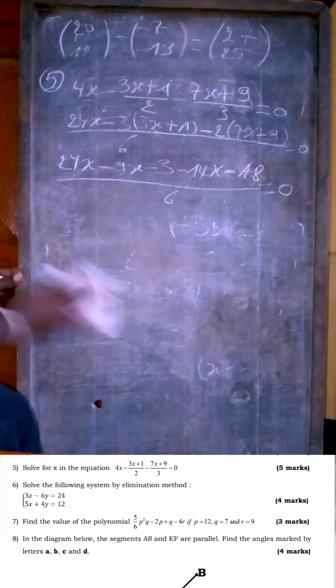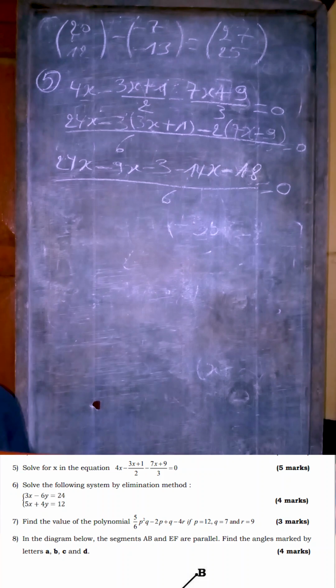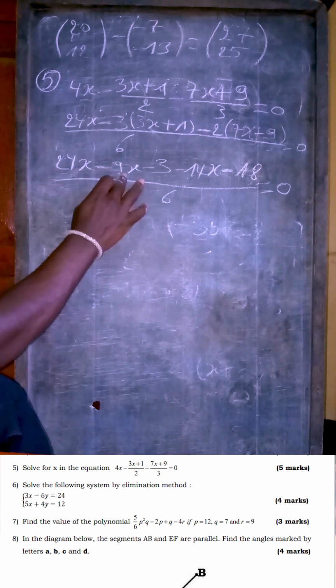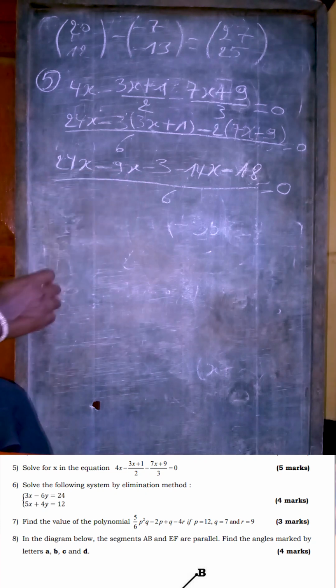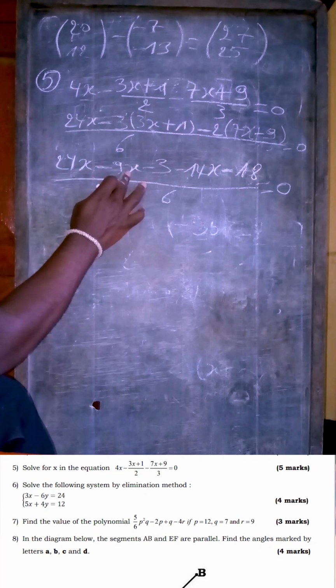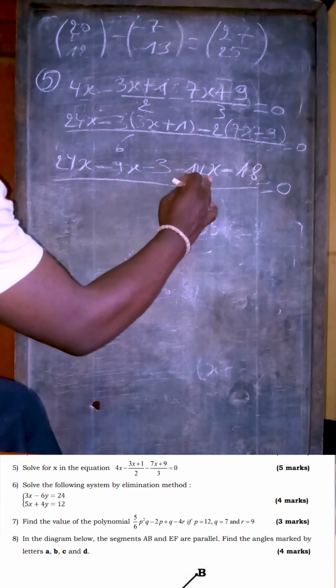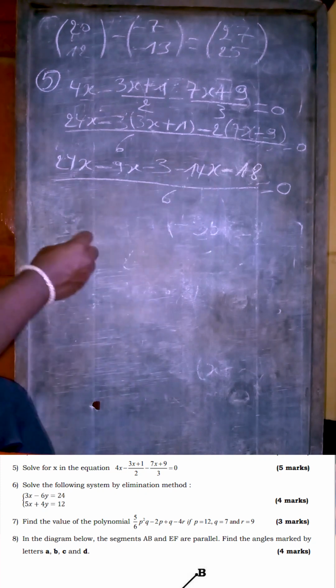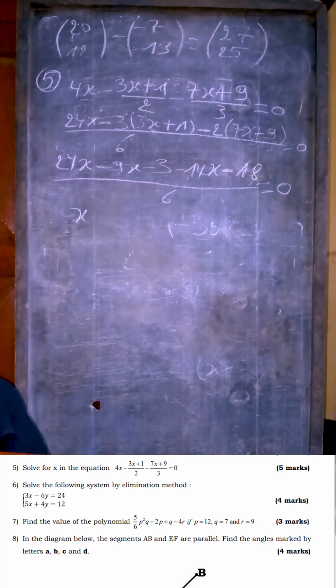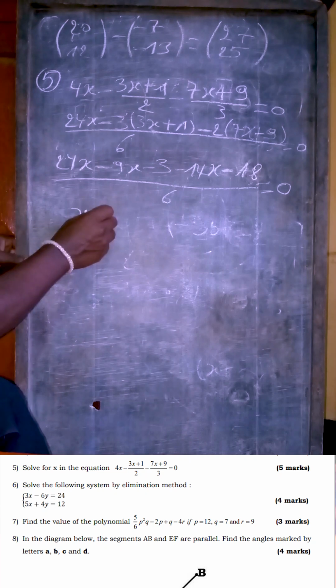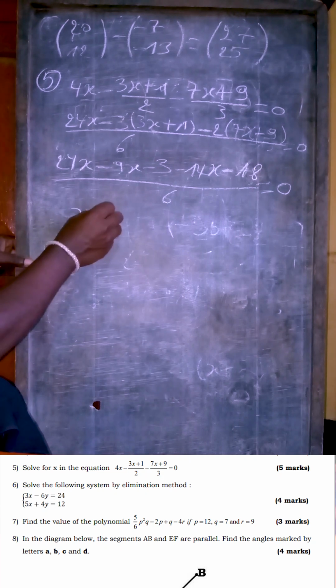After that you take all values of x to be computed together. 24 minus 9x will be 15x. Then 15x minus 14x is only 1x.